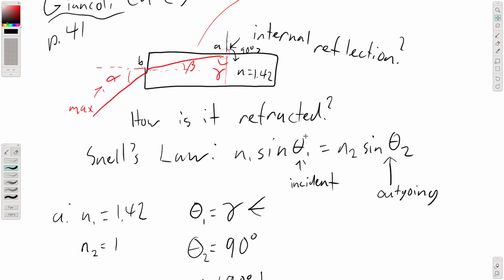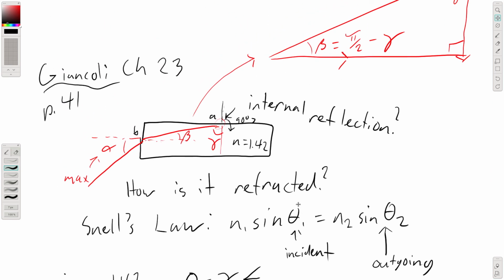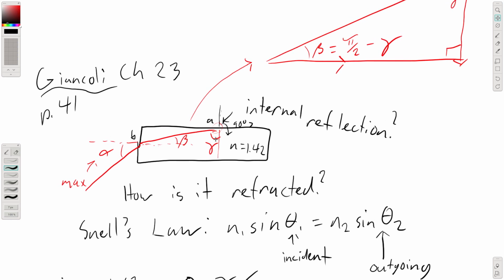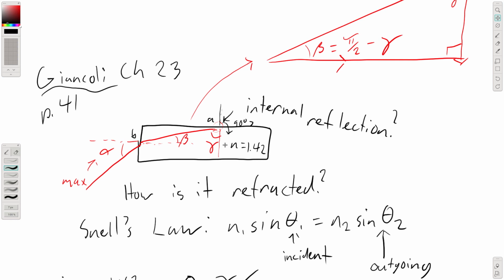So, recapping, we drew a picture of the problem, labeling all of our angles. We labeled some points to make sure that we knew what we were doing there. We figured out how gamma relates to 90 degrees, giving us a starting point in terms of something that we know. It's 90 degrees because of total internal reflection.